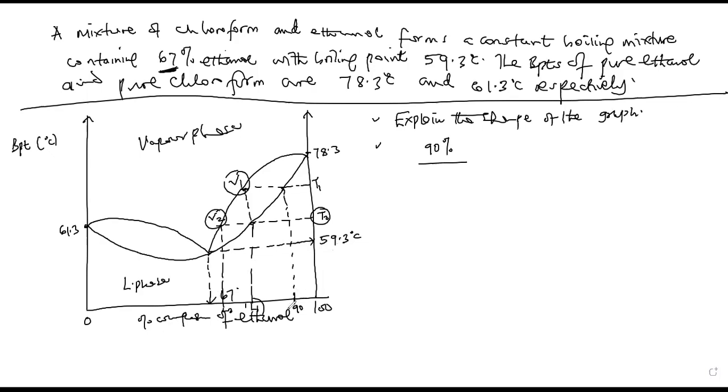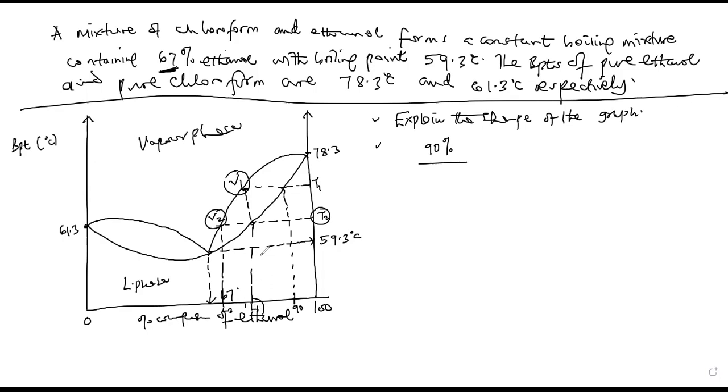So you heat 90%, it will boil at T1, producing V1, which will have low composition of ethanol, which when condensed will produce liquid L1 of the same composition as V1, but still of a lower composition of ethanol.